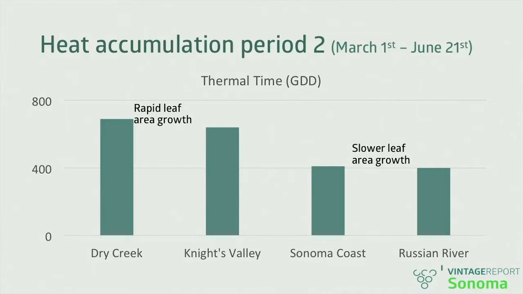And obviously, if you have no moisture deficit, when you have a faster heat accumulation profile, you expect the plants to be growing faster, according to the civil calendar. On the other side of the spectrum, the lowest heat accumulation areas were Sonoma Coast and Russian River, with barely 400 growing degree days accumulated.